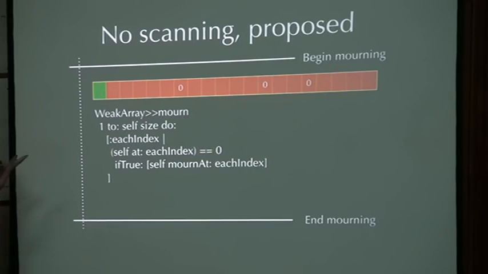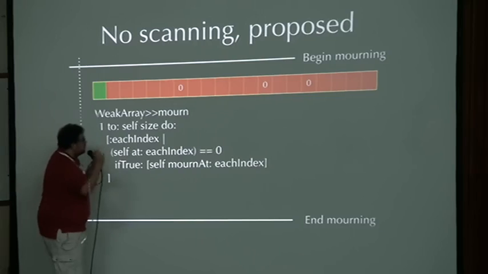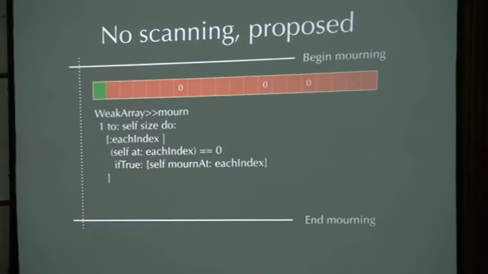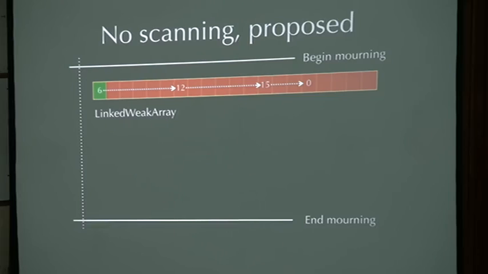Why? Because 0 being a small integer, if you put a small integer in a weak array, the small integer being immediate, it can never be garbage collected, so it can never be tombstoned. So if you find an immediate in a weak array, it must be because the VM put it there. That's how you can distinguish it from other things. Well, if you can tombstone with 0, you can tombstone with other things, such as, for instance, this.